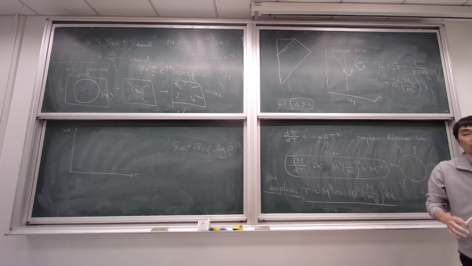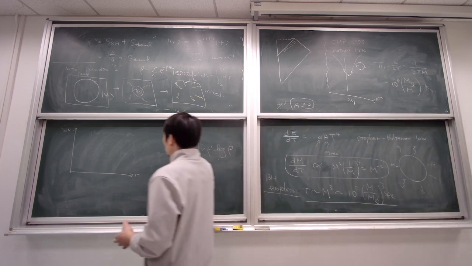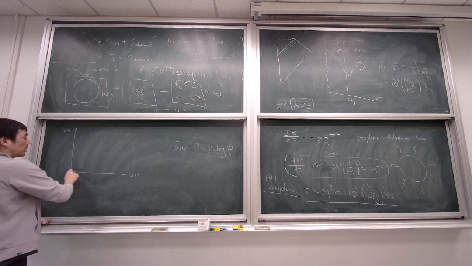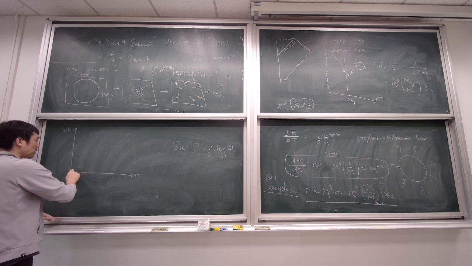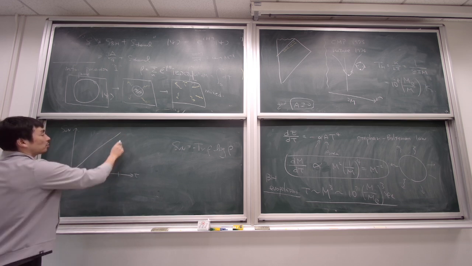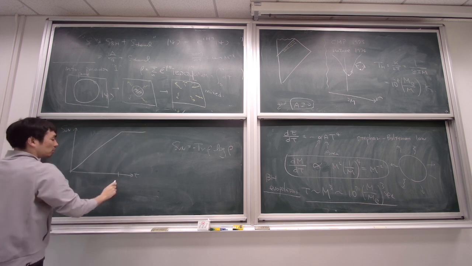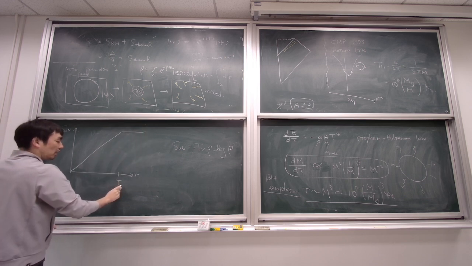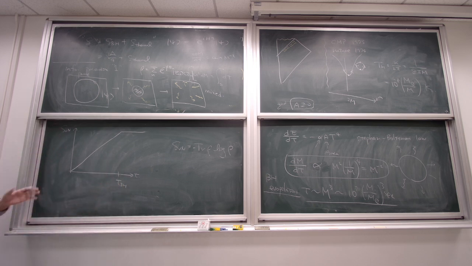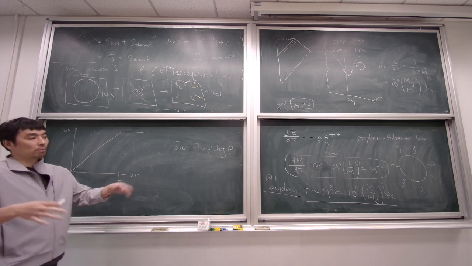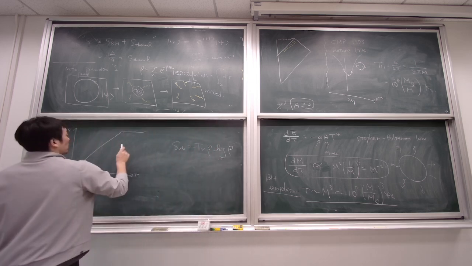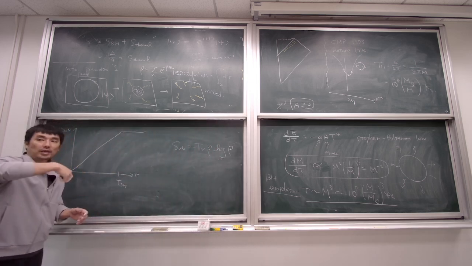If you do this calculation of von Neumann entropy, it depends on dimension, but roughly speaking it keeps increasing, and after evaporation it becomes constant. T black hole means the time it takes for the evaporation. So Hawking's calculation tells us that it becomes hotter and hotter.